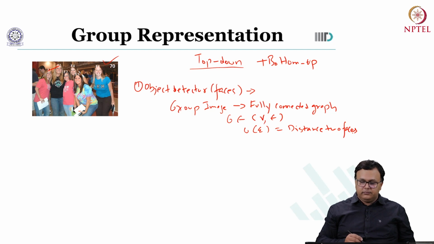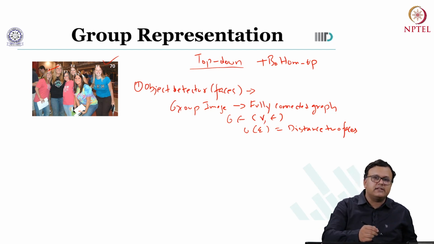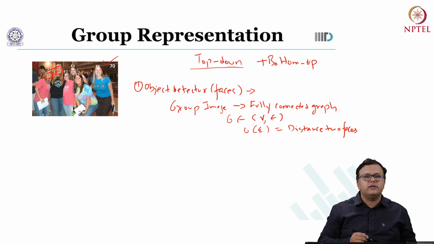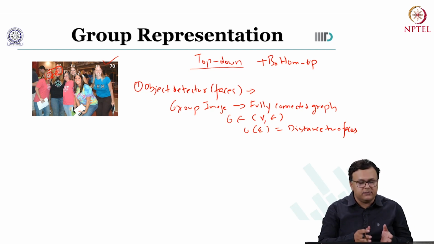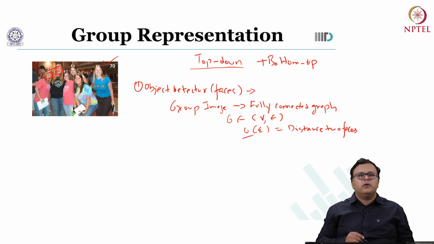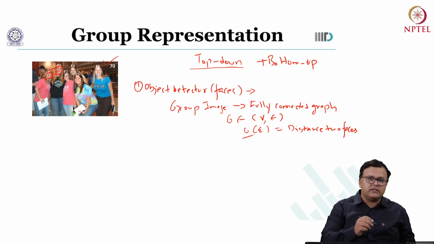Now, the distance between these two faces can be calculated based on the face location. So, you can take the center of the two faces and let us say calculate the Euclidean distance. So, now let us say the Euclidean distance between these two faces will be the weight of the edge between these two vertices, two faces.